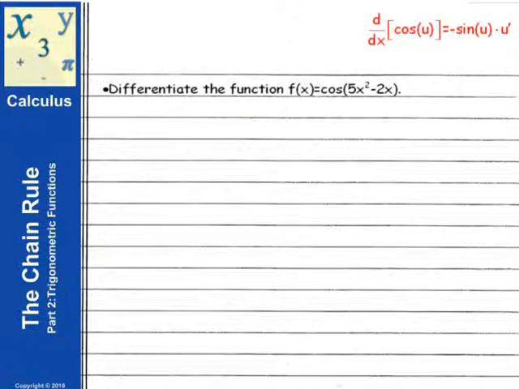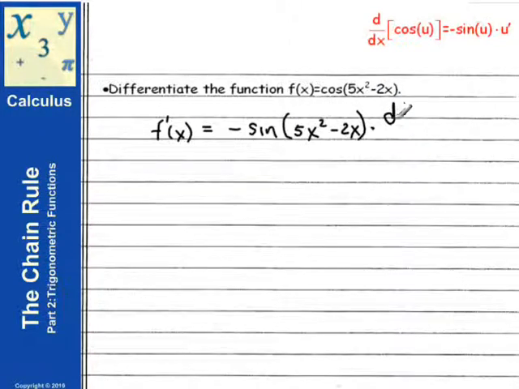So then the derivative of f is equal to the opposite of the sine of the same expression, which is 5x squared minus 2x, and then times the derivative of u, that is, the derivative of the inside.